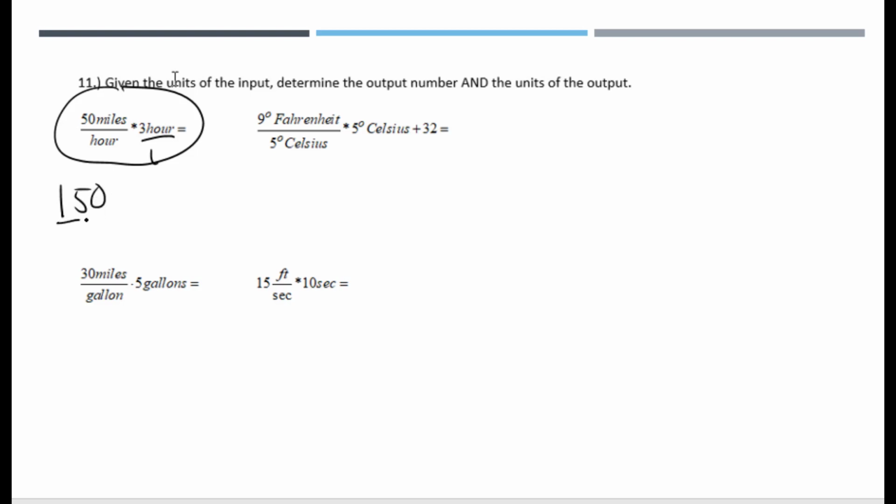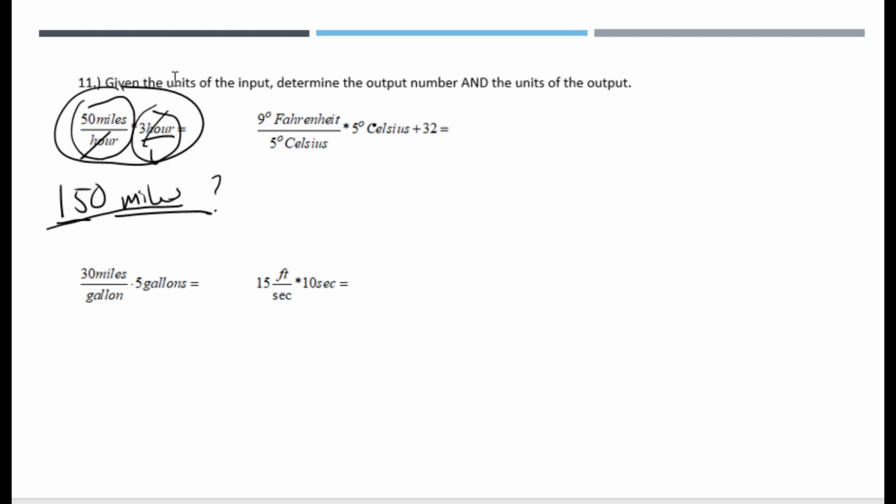Well, 150 what? That's the question. Hours divided by hours is 1. So they cancel. So it's just miles. And if you think about it, you're traveling 50 miles an hour for 3 hours. You're going to travel 150 miles.